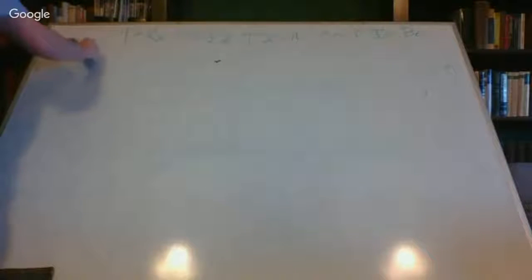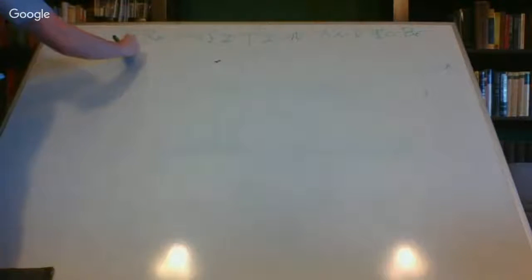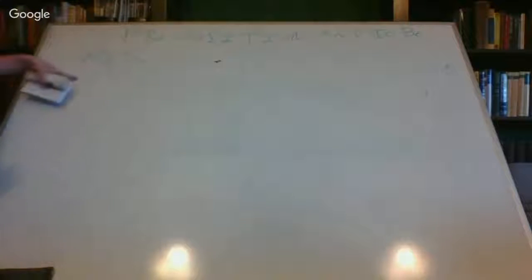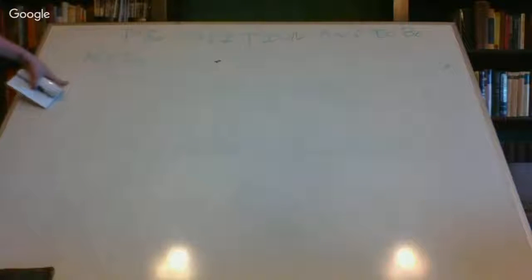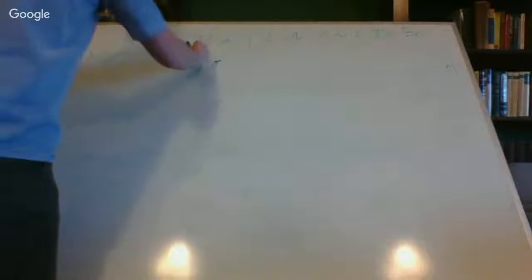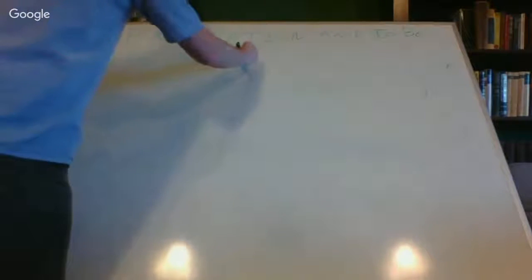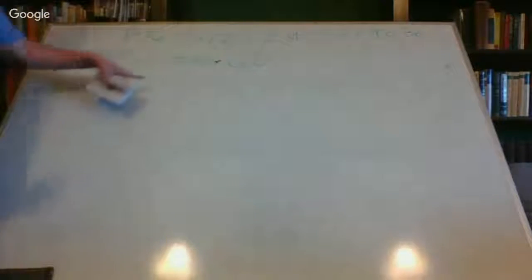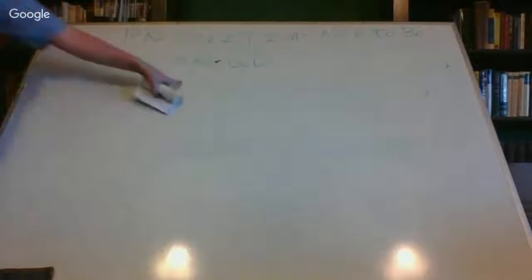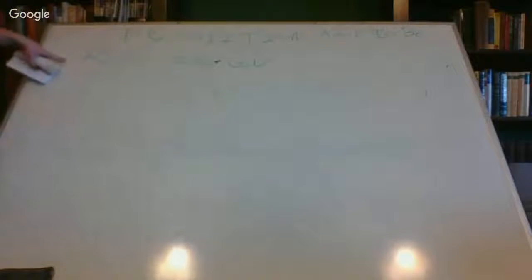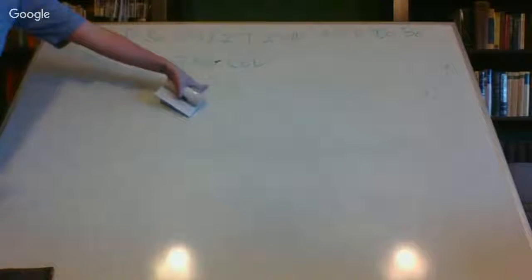So a preposition you guys will be learning here in Chapter 8 is meta, which means with or after, depending on the case. With in the genitive, after in the accusative. So skotos, or skoton, is darkness. So this would be after darkness.